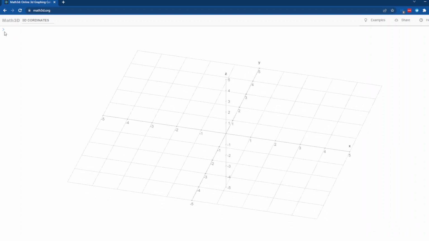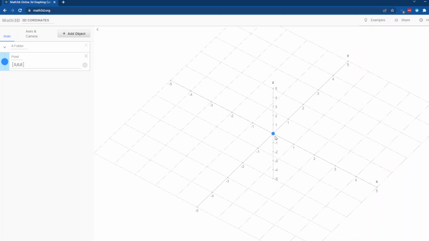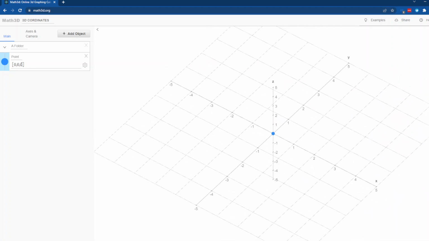Which means we can put coordinates in 3D. So for example, if I add an object here, a point, you can see the point 0, 0, 0 is at the origin, yeah? 0 on the x, 0 on the y, and 0 up on the z. So let's change that to something else.